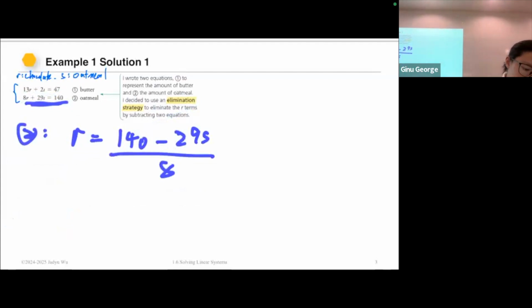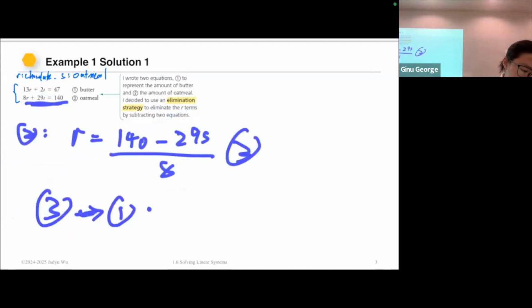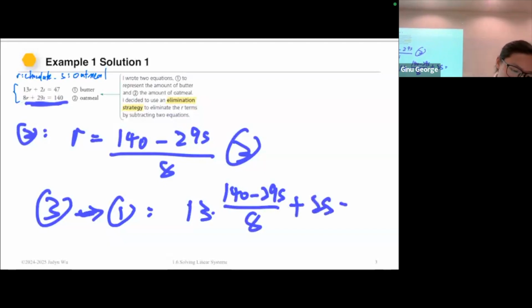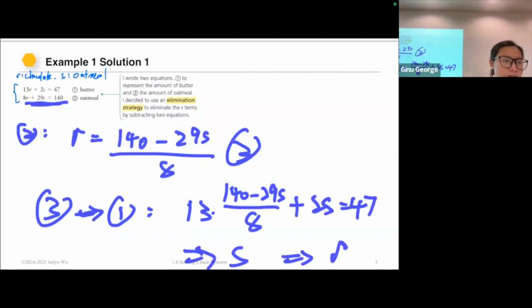Then we can plug this into the first equation to get 13 times (400 minus 29S) over 8, plus 2S, equals 47. Then we can solve for S, and then solve for R. That's the second method.